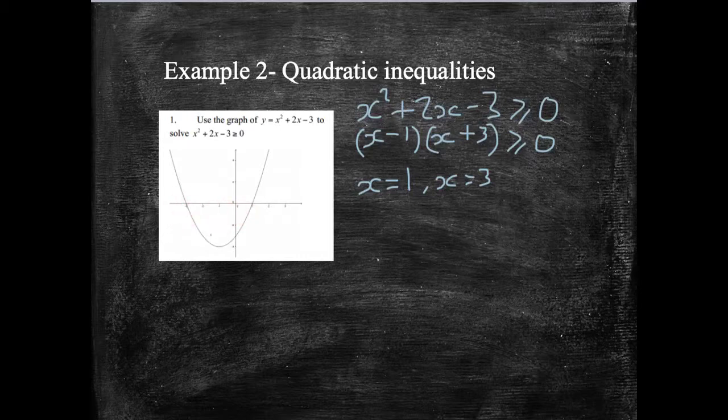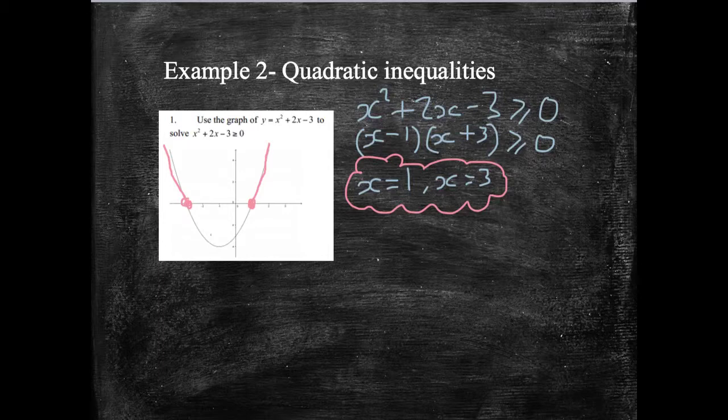Now, I have to be really careful at this point about what my final answer is going to be. It's asking for all the values of x that are greater than or equal to 0. Well, that's up here and it's up here. I've actually got two places where it's greater than or equal to 0. So when I'm writing this, I can't just write it in a single line. I'm going to have to write it in two different ways.